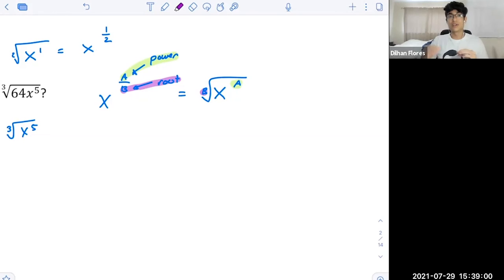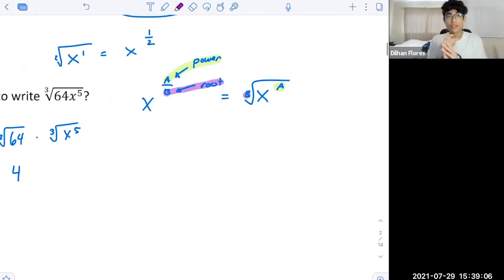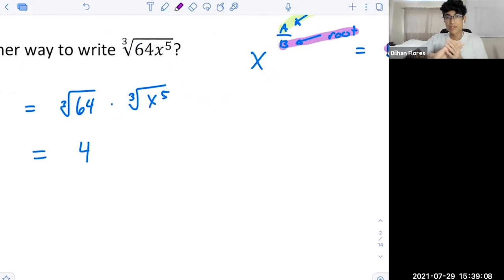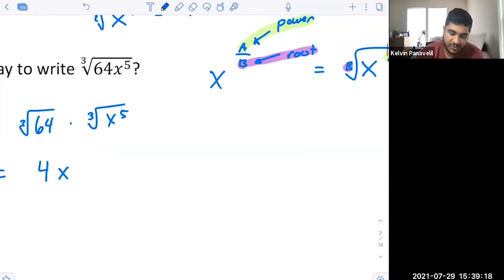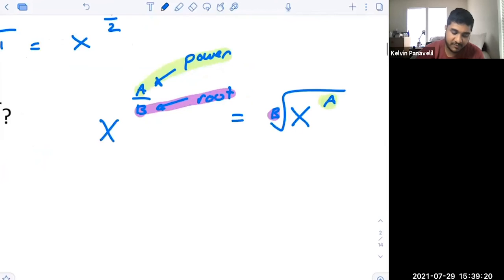All right, so how can we write the cube root of x to the fifth? What number is going to be on top, 5 or 3? Which one increases the value? What goes on top, 5 or 3? Which one's going to be increasing the value of x? And if it helps you remember, just remember power over root. Whatever is the power stays on top.